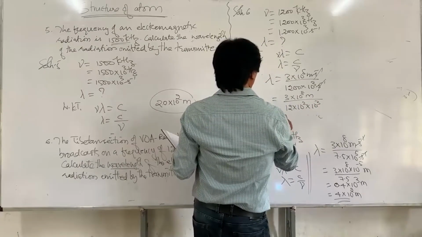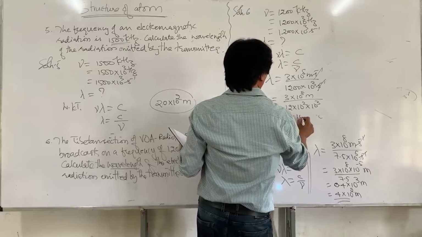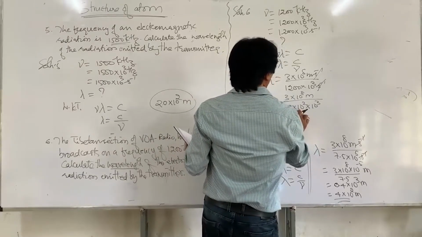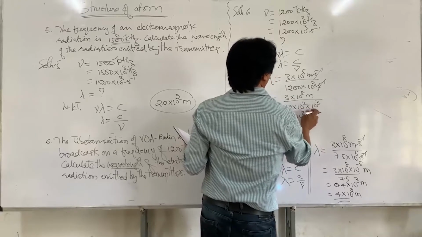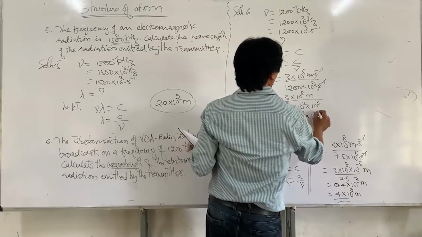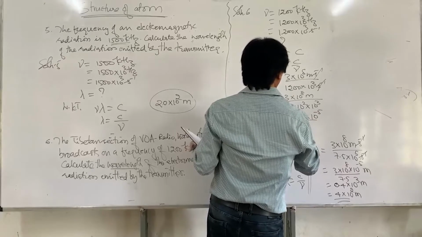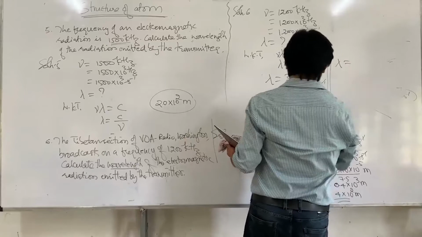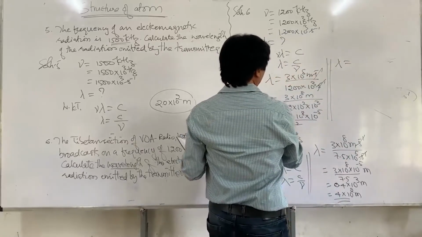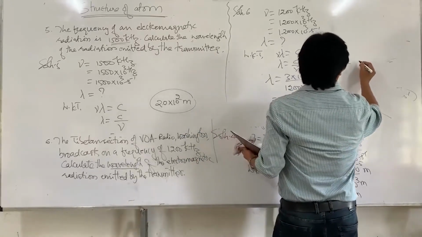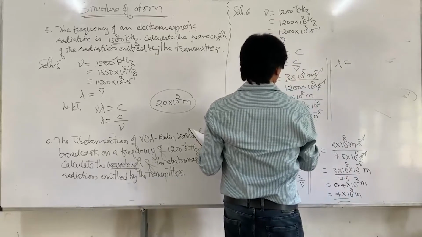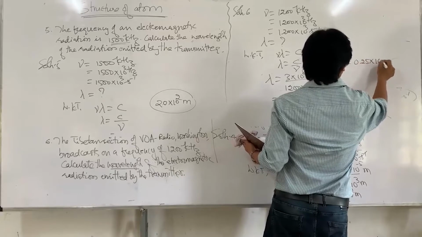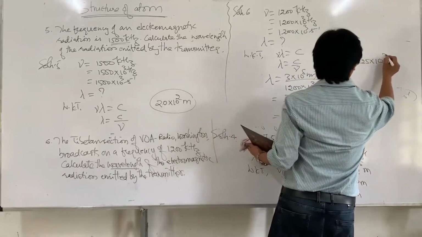So finally, this is equal to 3 into 10 raised to power 8, into these two together, 10 raised to power 5. When you take it on top, it becomes 10 to the power negative 5, the whole divided by 12. So lambda is equal to 3 divided by 12. Three ones are 3, three fours are 12, so 1/4 is nothing but 0.25 into 10 raised to the power positive 3.